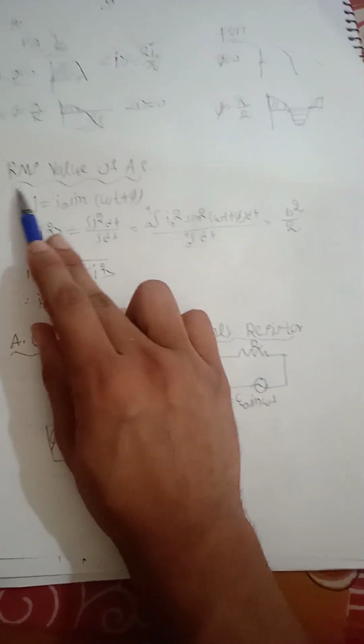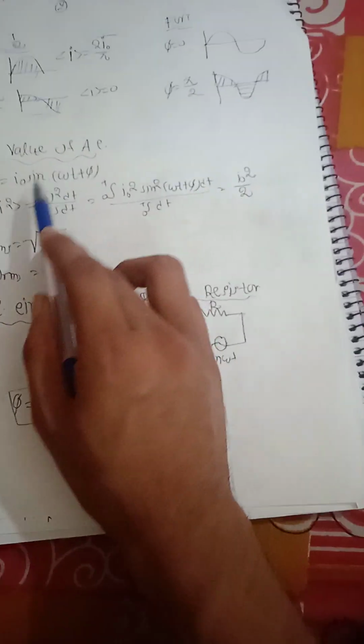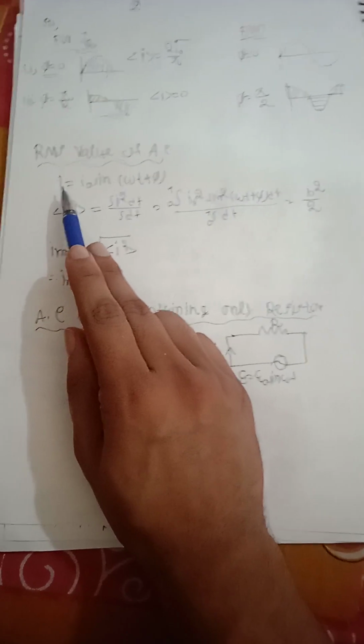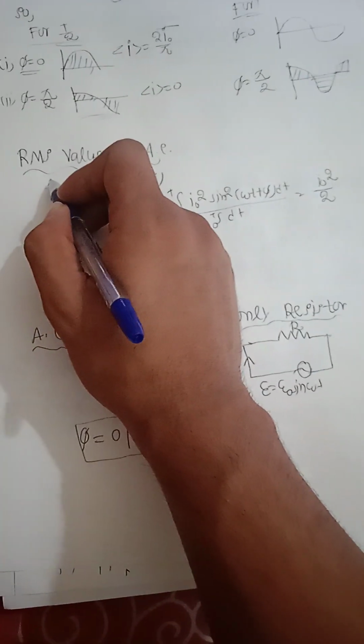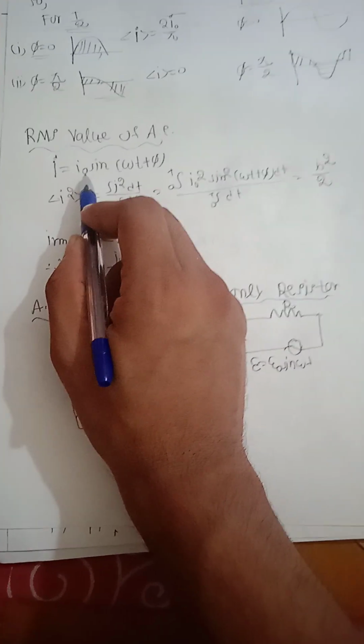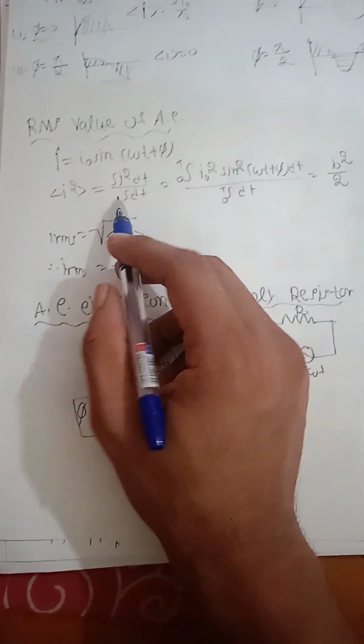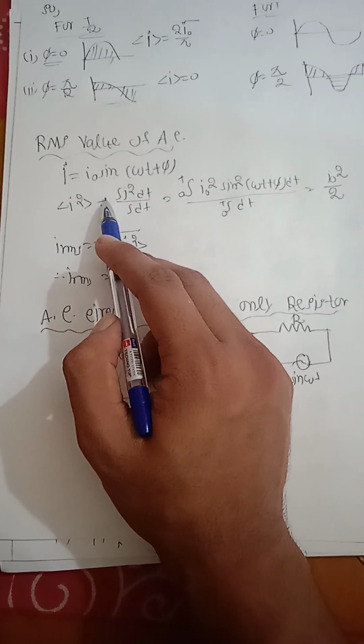Okay, now let's talk about the root mean square value of alternating current. For alternating current, we know that I equals I naught sine omega t plus phi.